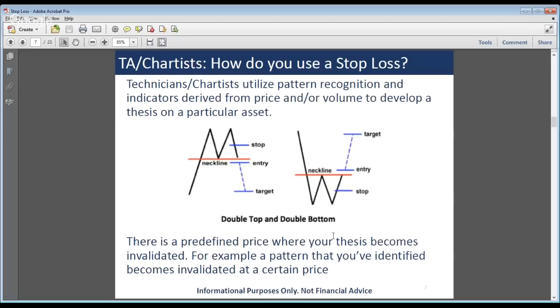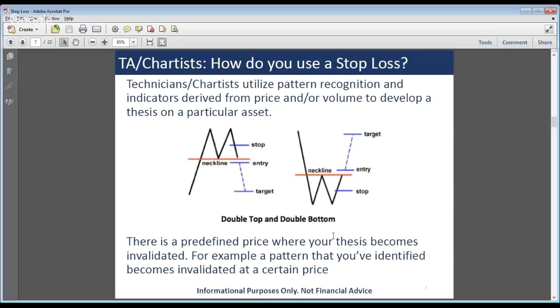So what is a technician? They generally utilize pattern recognition and indicators derived from price or volume to develop a thesis on a particular asset. So here's a basic chart on a double top and double bottom. You can see the double top, once the price breaks the neckline going down, they're shorting and they have a target and they would have a stop above the neckline, very predefined.